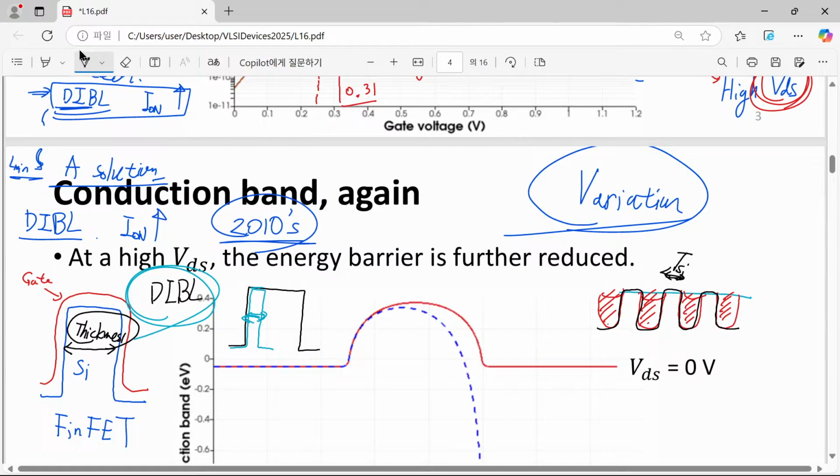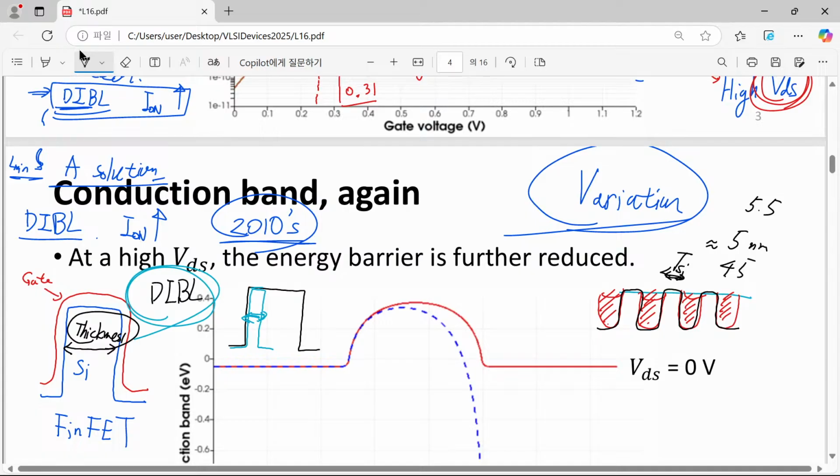Let's say, for example, 5 nanometer is the thickness, and if we have a slightly wider one or slightly narrower one, like 5.5 or 4.5, what will happen?